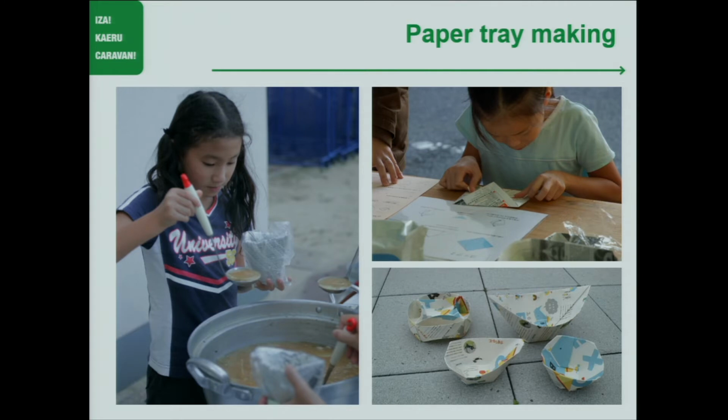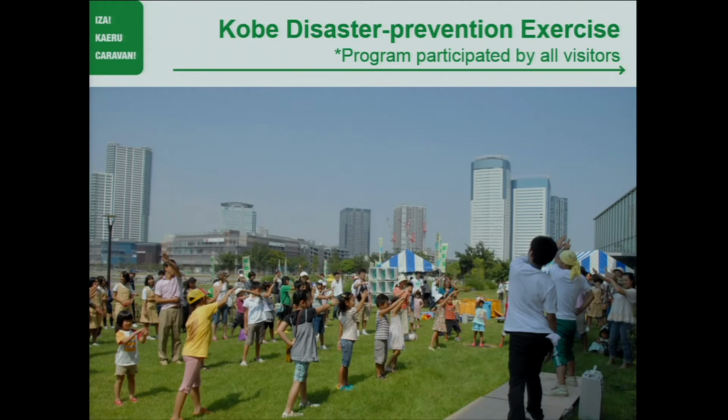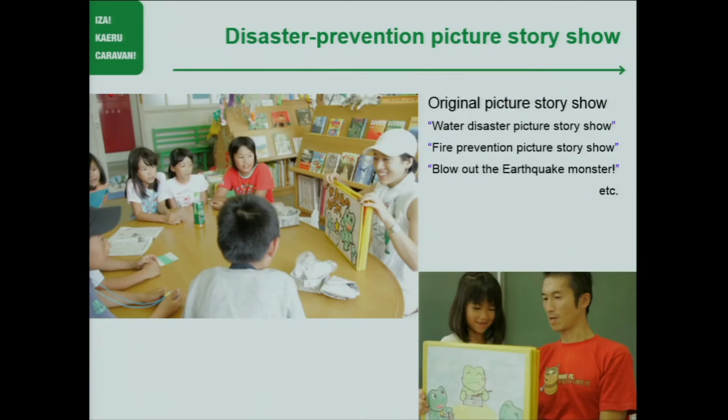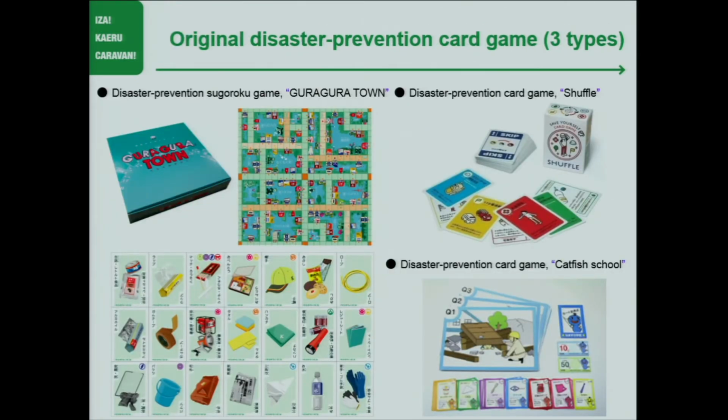By having this character, or by using origami techniques for folding paper, we have made small plates. And for small kids, we've introduced some exercises through which they can learn how to protect themselves. We've also had puppet games and picture story shows.